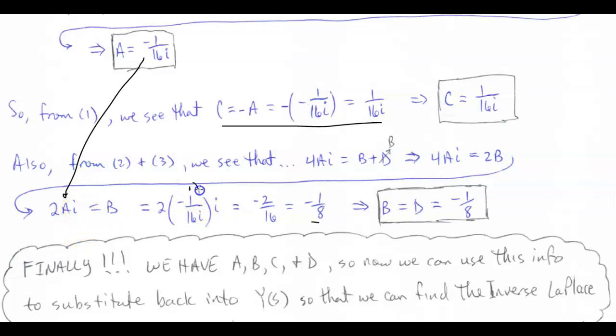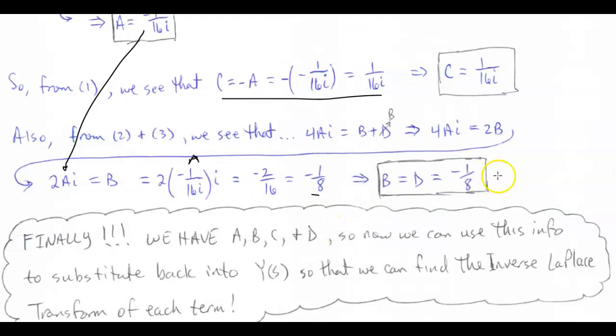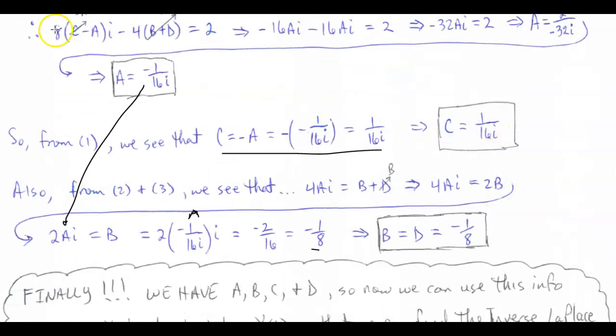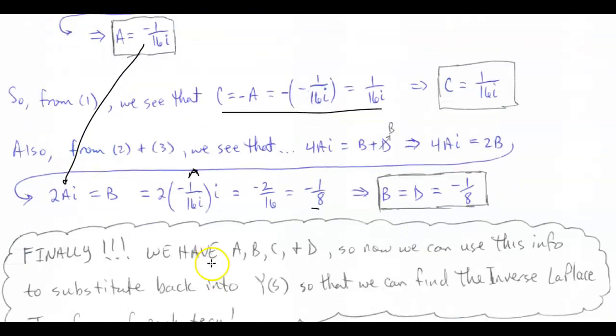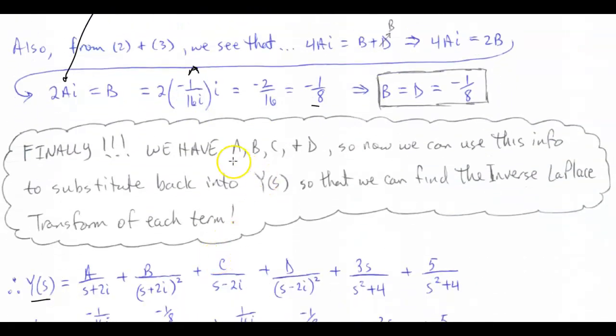And this is the same thing as a here. If we multiply all that, 2 divided by 16 gives us 1/8, with the negative gives us negative 1/8, and these two i's reduce to 1. So with that, we know what b and d are. We know what c is. We know what a is. So finally, we know what our a, b, c, and d are.